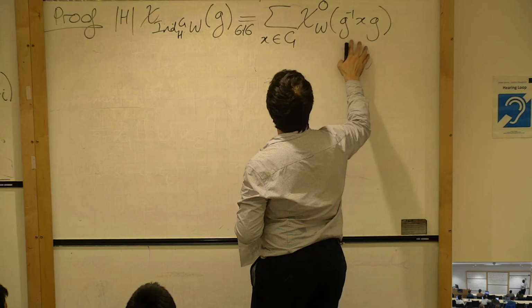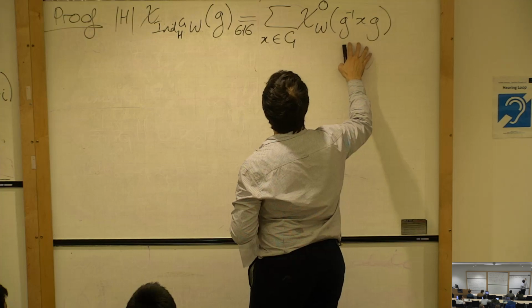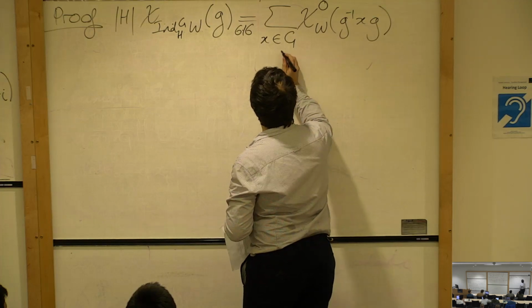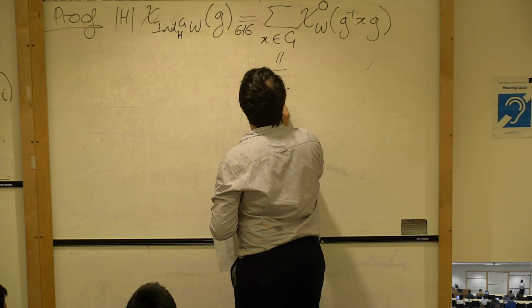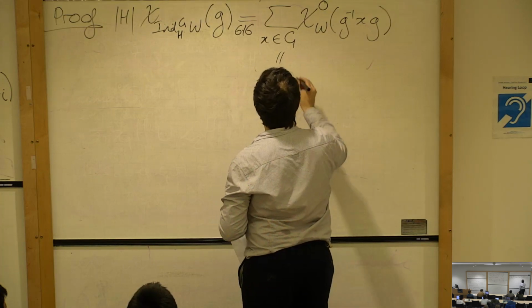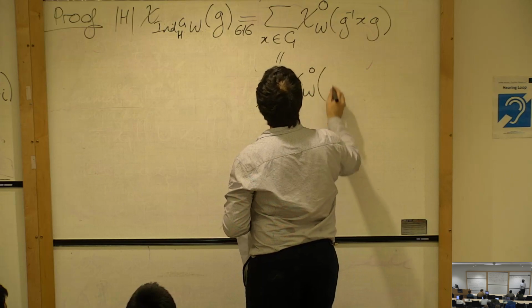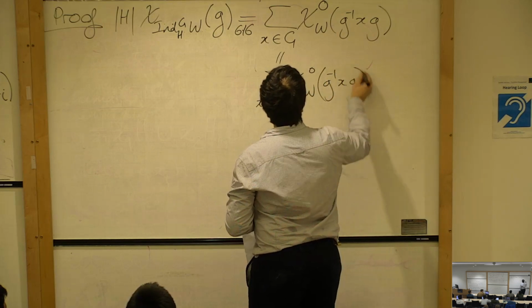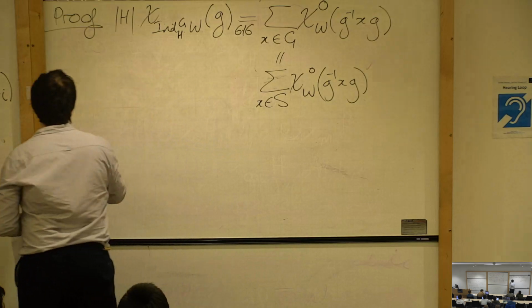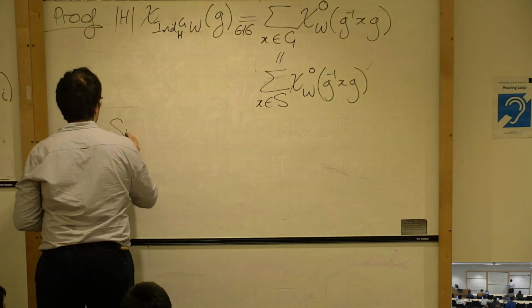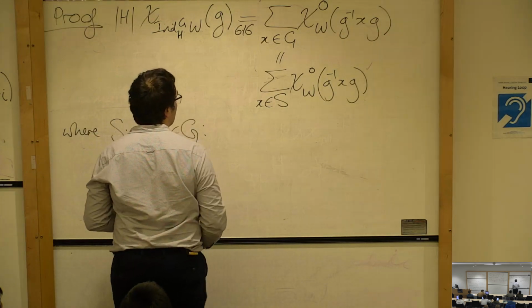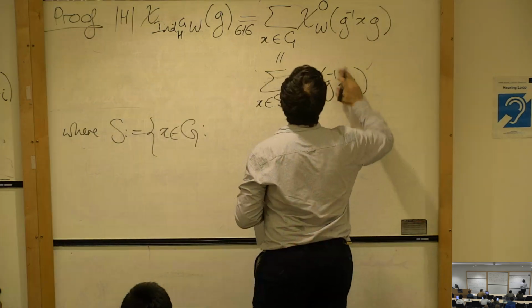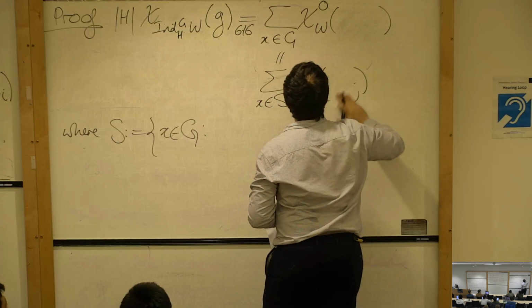Some of them are going to be giving us 0, and some not. So let's just focus on those which contribute, where S is those elements in G. Whoops, my g's and x's switched around, that's a disaster.